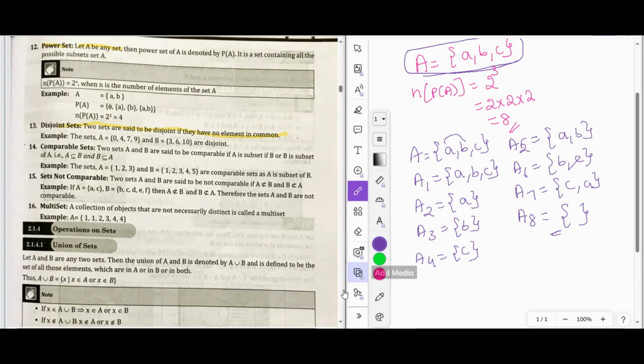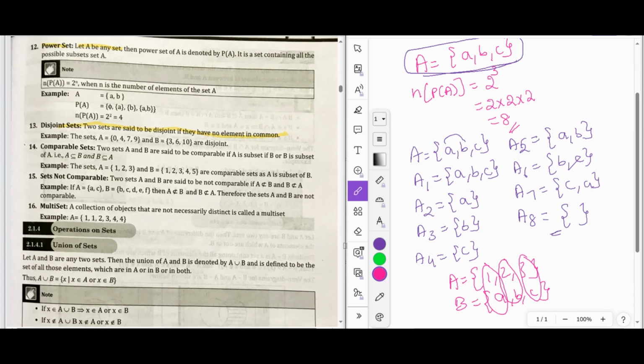So, for example, if I take A as 1, 2, 3, and B as A, B, C. Here there are elements in both sets, but they are not equal. All the elements of A and B are different. Therefore, if they have no common element, then it is called a disjoint set.